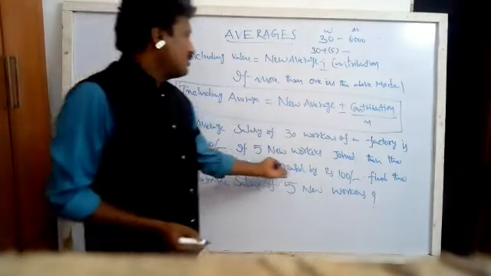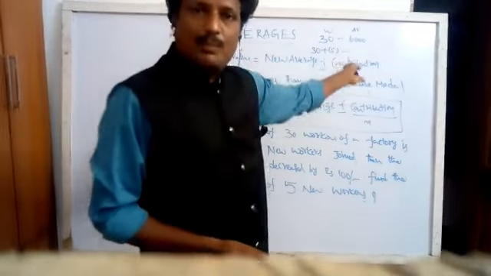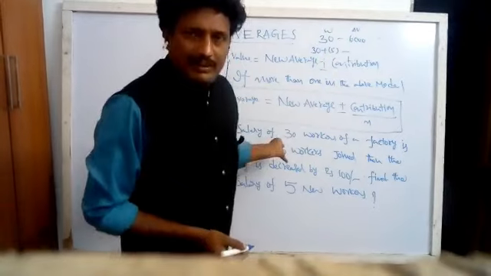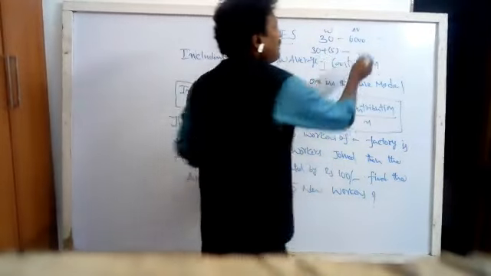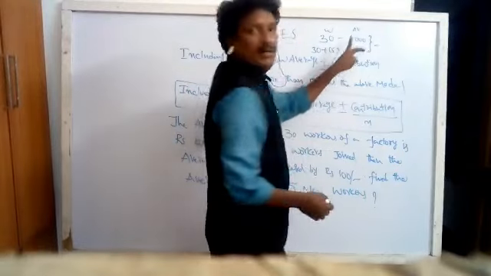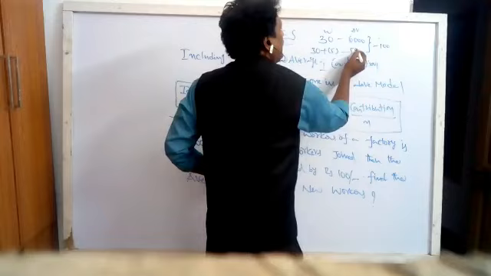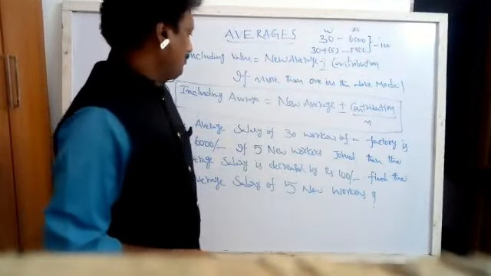Then the average salary decreases by rupees 100. The original average salary is rupees 6,000; when these 5 workers joined the group, the average decreases by rupees 100, so we put a minus: 6,000 minus 100, which is 5,900. We can consider this 5,900 as the new average.